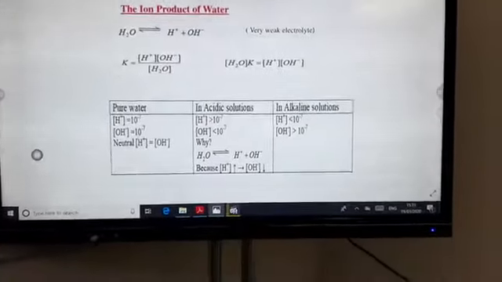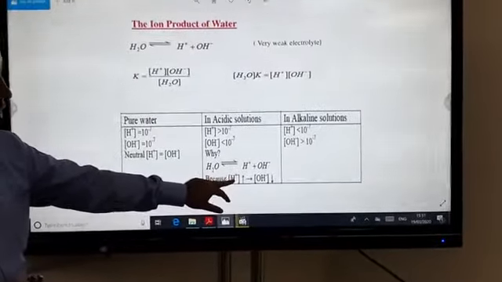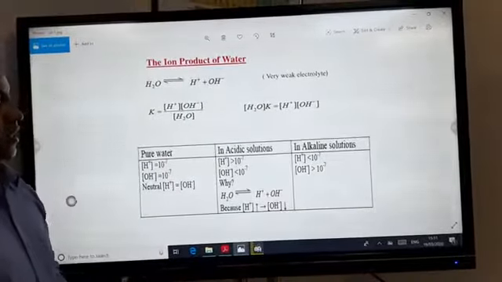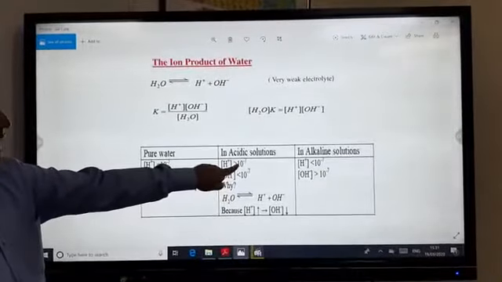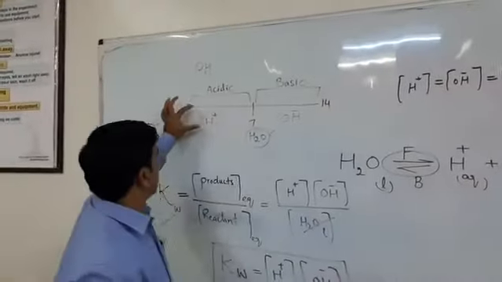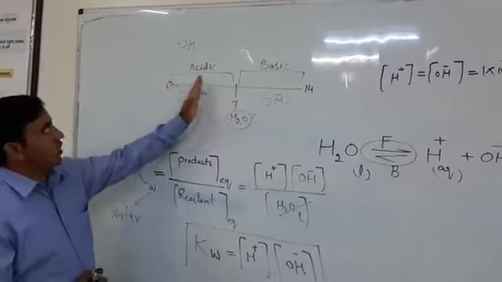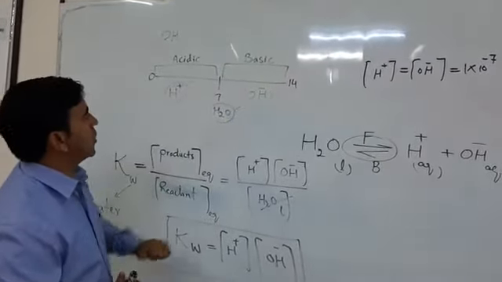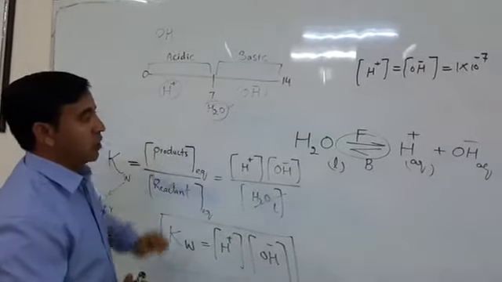This arrow means the concentration of hydrogen increases, and this arrow means it decreases. I gave you an example before on the board: on the pH scale, less than 7 we call acidic solution, more than 7 we call basic solution, and exactly 7 we call neutral.